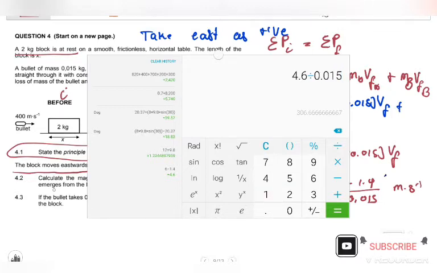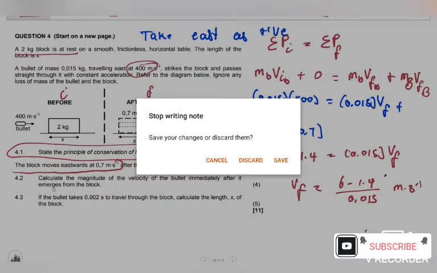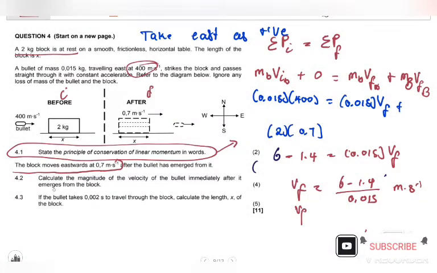Okay, so it's 306.67. So that's the velocity final. Your velocity final is going to be 306.67 meters per second. Okay, so it's going to the east again.